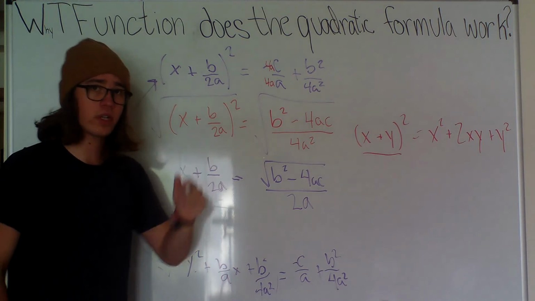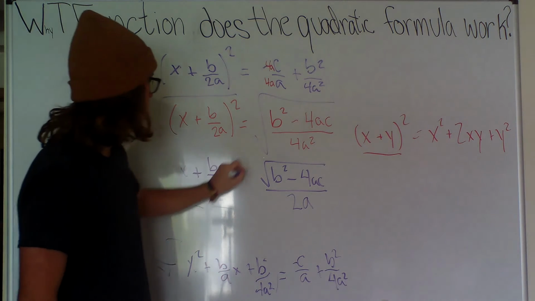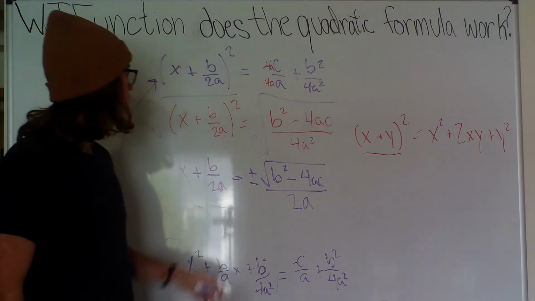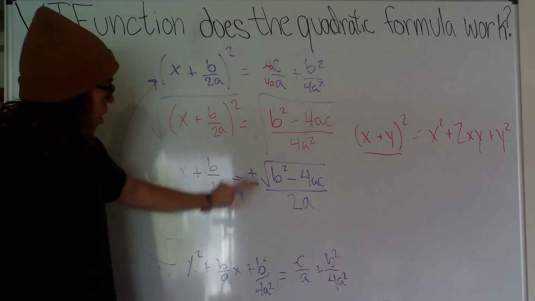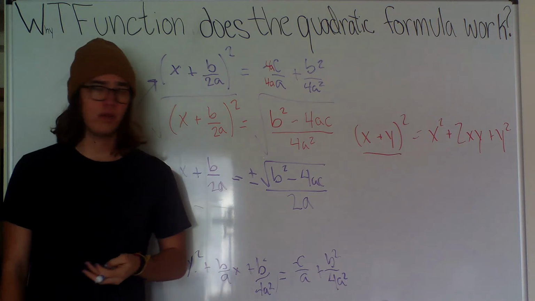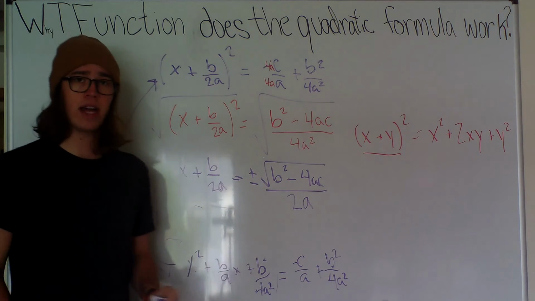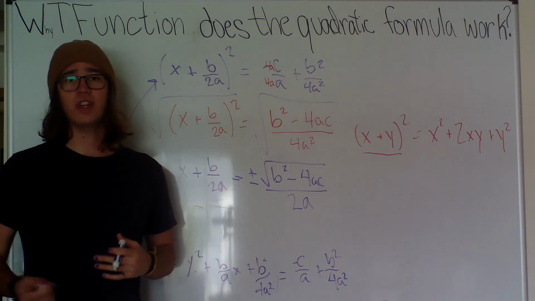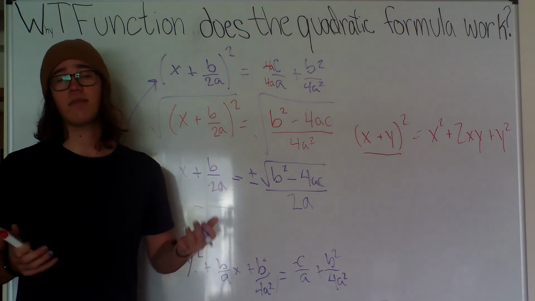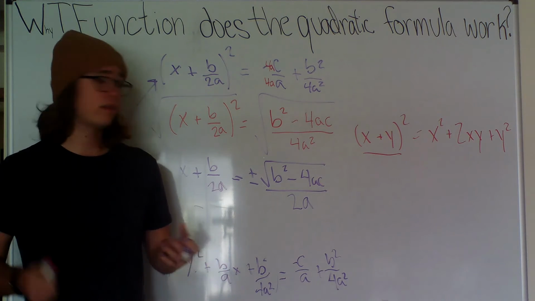Ooh, quick note, we're not completely done. We have to do this plus or minus here, and this is because we're taking the square root. Whenever we take a square root of something, we have to do plus or minus because negative numbers squared are positive, as we all know.